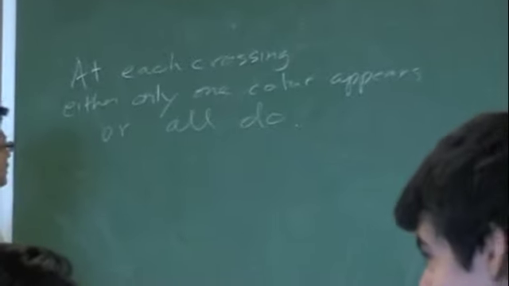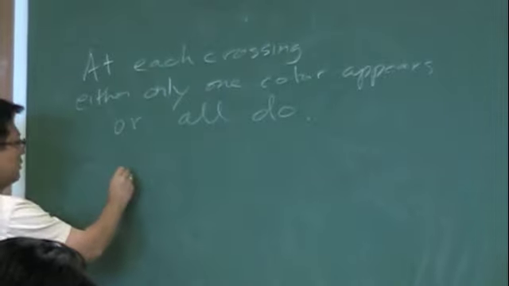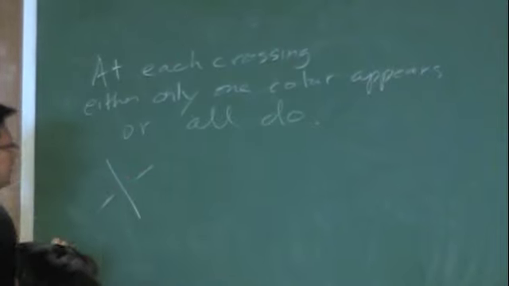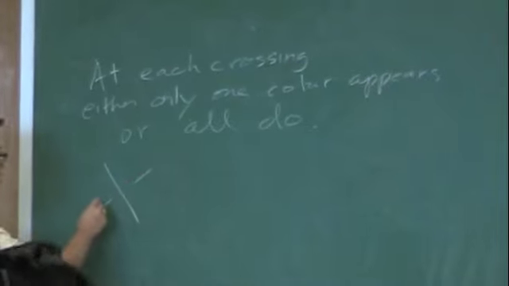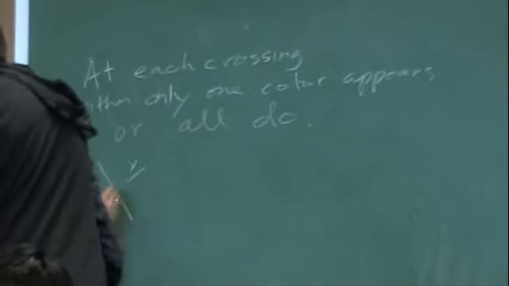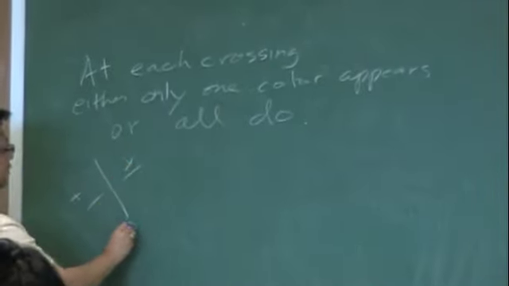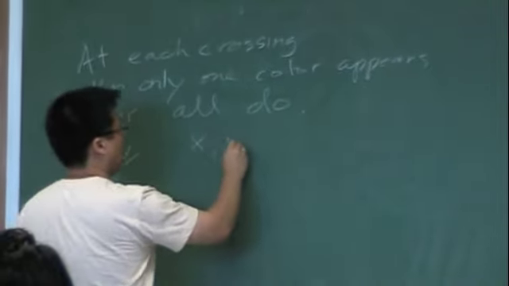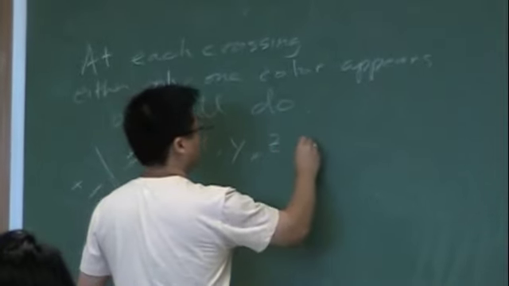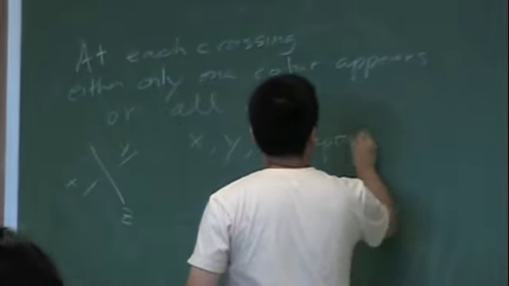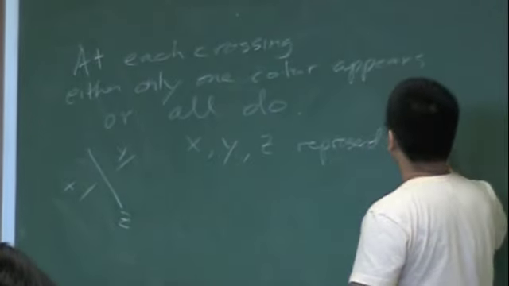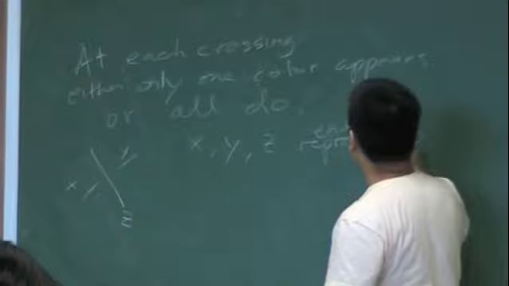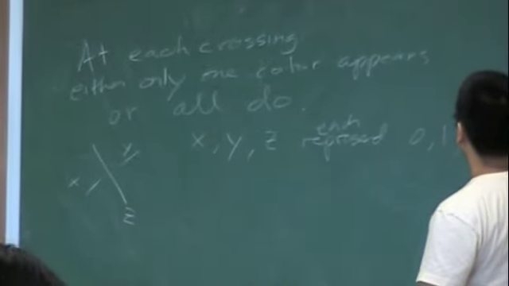What you can say is, if your strands are numbered 0, 1, and 2, let's call them x, y, and z, then x, y, and z each represent 0, 1, or 2.